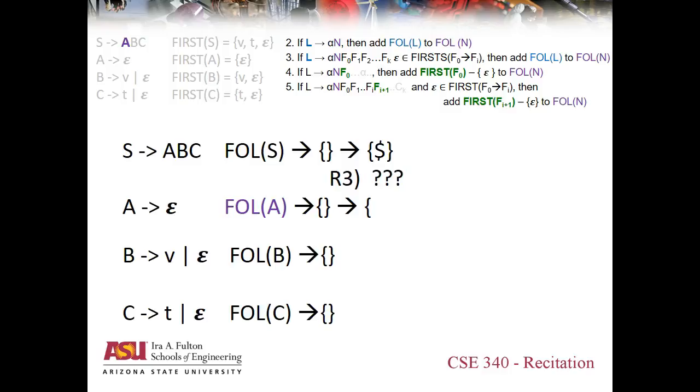So rule 3 is not directly to the right, and so I have the wrong one there. Hopefully not for the rest of the rule 3 applications. With rule 3, we're going to apply the follow of F, the follow of S, which would be the follow of B. And the follow of B right now is the empty set. Right?